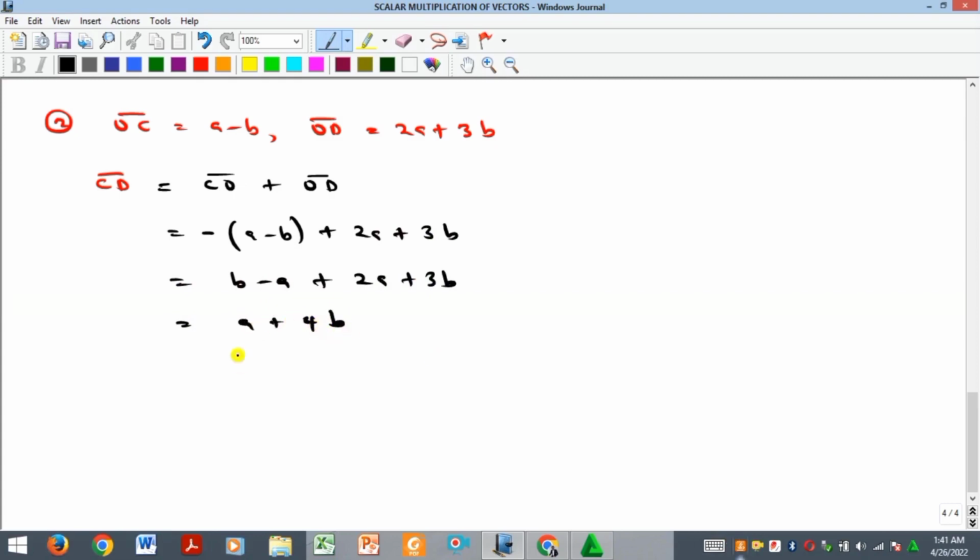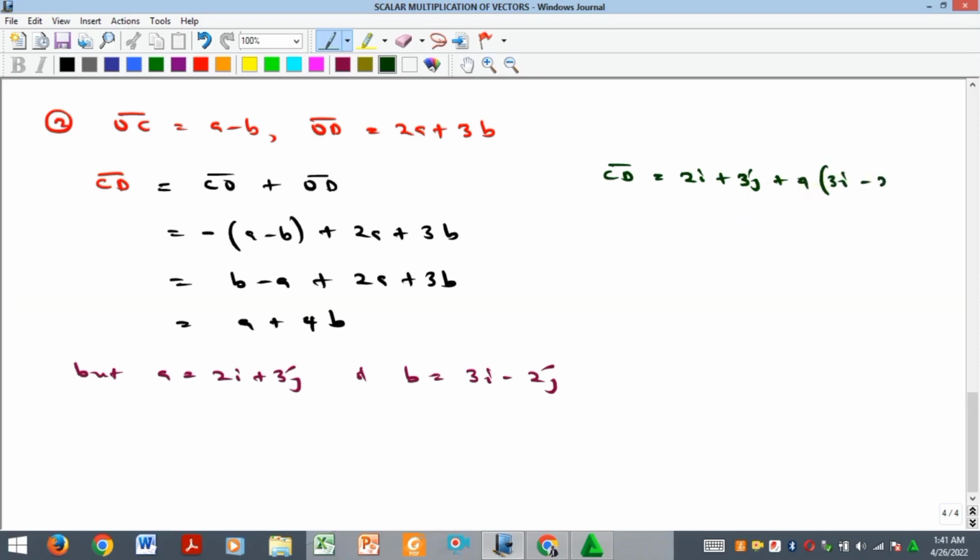Now, recall that our A is given as 2I plus 3J, and our B is given as 3I minus 2J. So we are going to take these two into this equation, and when we do that, our CD is simply equal to our A, which is 2I plus 3J, then plus 4 into 3I minus 2J.